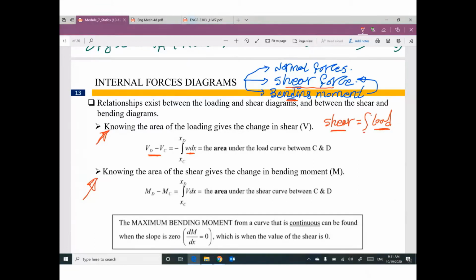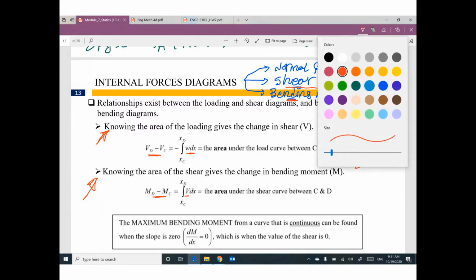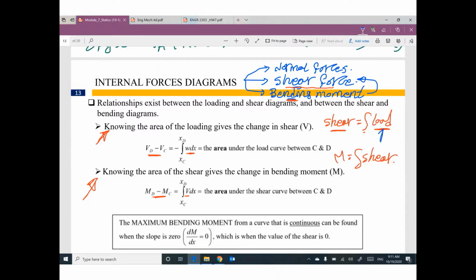The relationship between moment equal integration of shear. So in the problem, I'm gonna give you a beam with load. So you will integrate this load to figure out shear.